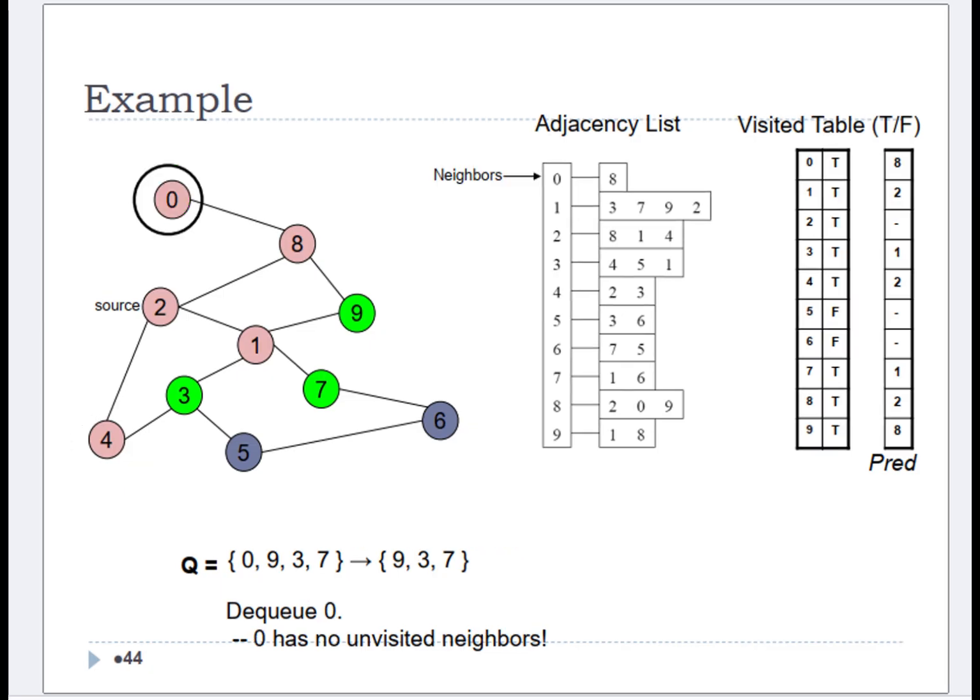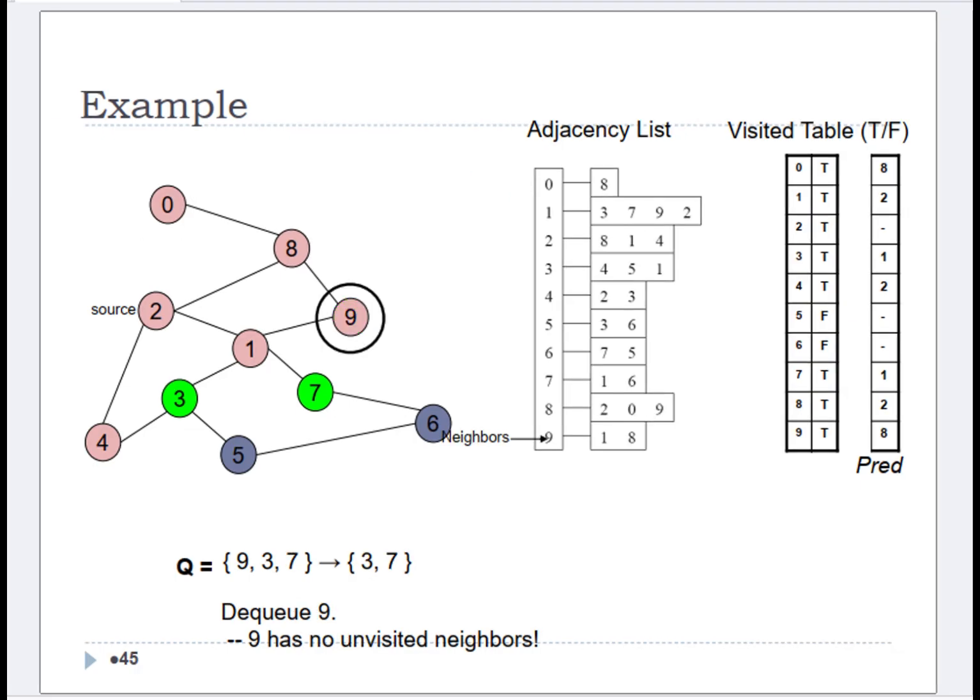Next, Q equals 0, 9, 3, 7 → 9, 3, 7. Dequeue 0. 0 has no unvisited neighbors.